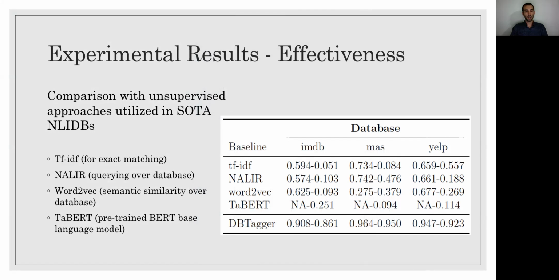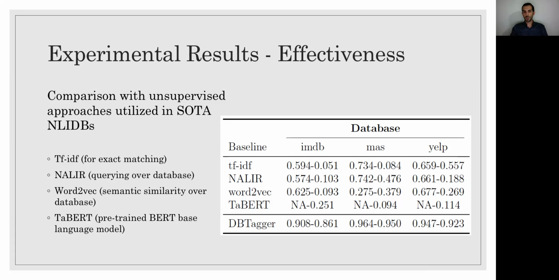And we have TABAT, which is a pre-trained BERT-based encoder, which also utilizes table encodings to produce embeddings. As you can see, DBTagger outperforms all of the baselines in 3 data sets significantly. In fact, it outperforms all its counterparts by up to 31 and 65% for relation and non-relation matching, respectively.